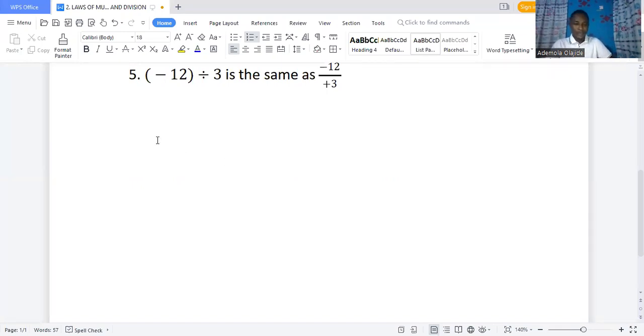Okay, so we want to quickly give a little exercise. Simplify the following.